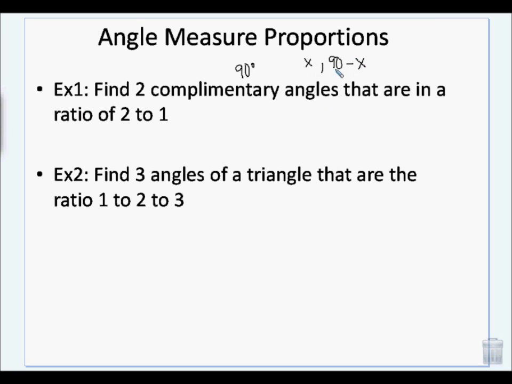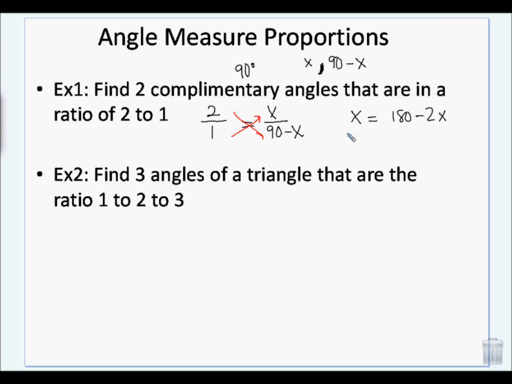Does that make sense though? If one's x, the other one's going to be 90 minus x if they're going to add up to 90. Cross multiply, and I get x is equal to 180 minus 2x.